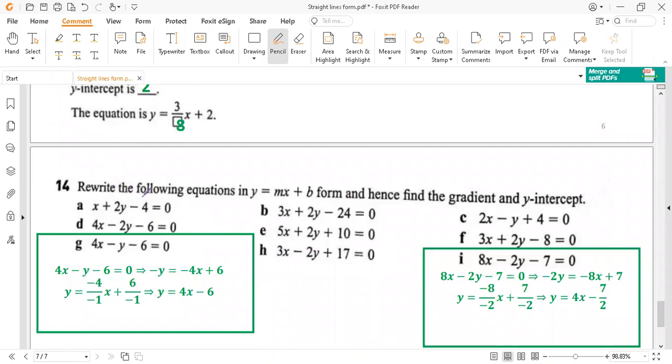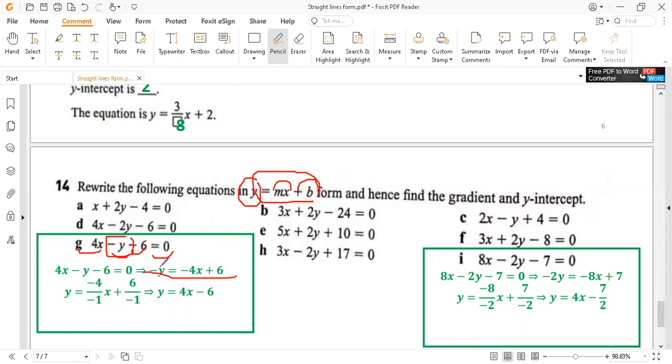If they ask us to rewrite the following equations in the form y equal to mx plus b, it is easy. We should keep the y term on the left-hand side of the equal sign, and the x term and the constant on the right-hand side. So we have 4x minus y minus 6 equal to 0. We keep minus y first and move 4x to the right, so 4x becomes minus 4x, and minus 6 becomes plus 6.